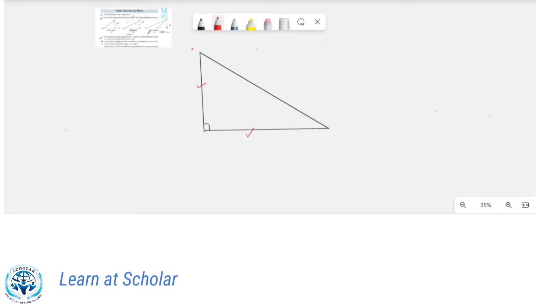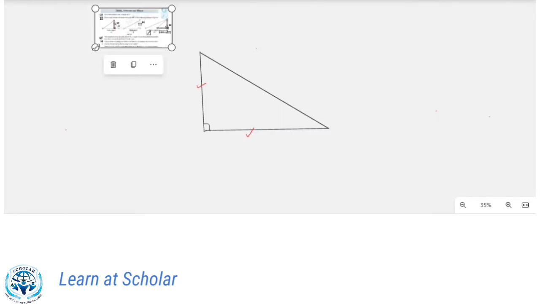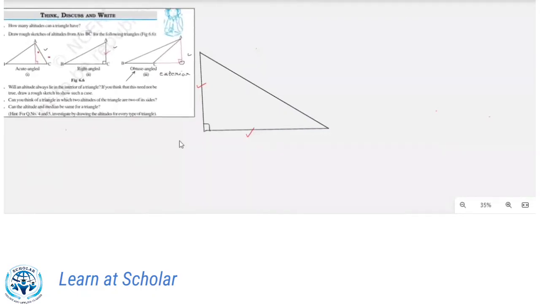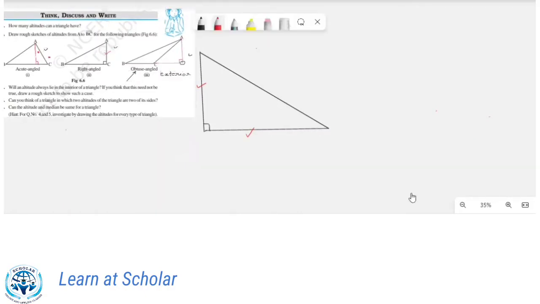If we measure the height of the triangle, we can draw the altitudes the same as the side of the triangle. The two sides are the altitudes of the triangle, so the fourth one is true, which says that the altitudes can be the same as the sides of the triangle. So it is possible in the right angled triangle.